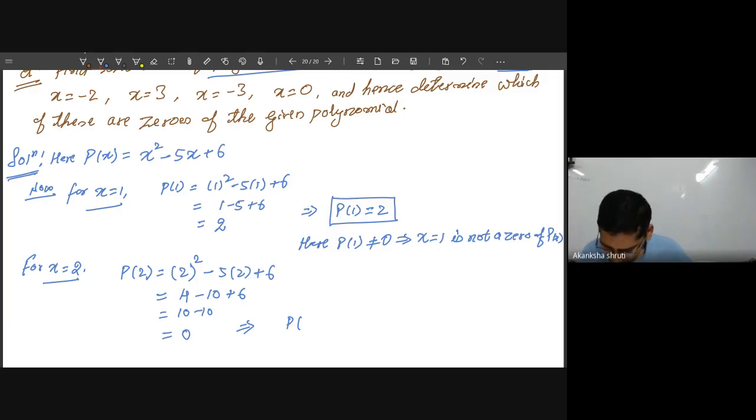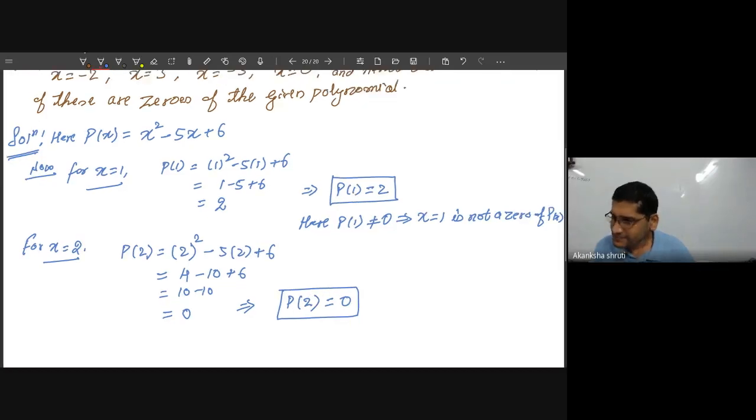So student, what is this P2 value? P2 value here we have obtained as 0. So when the value of Px is becoming 0, whatever the x we have taken, that value of x is called a zero of the polynomial.